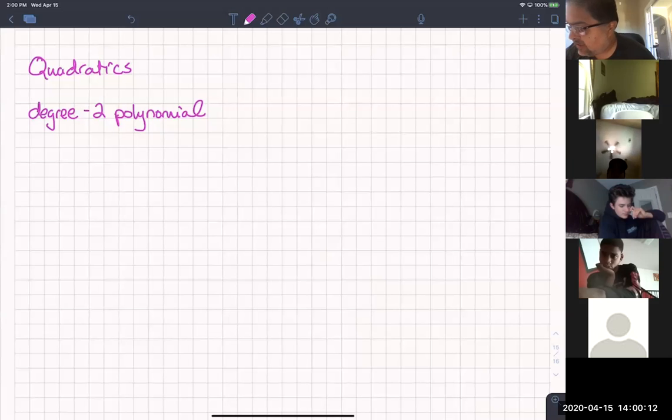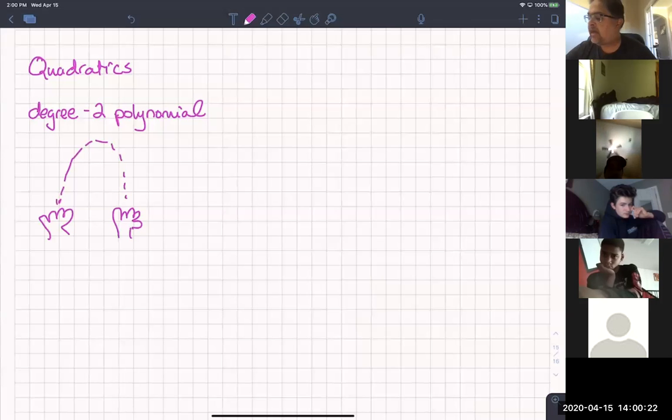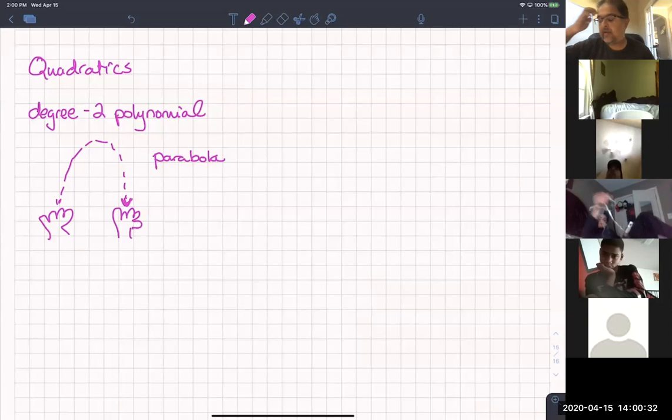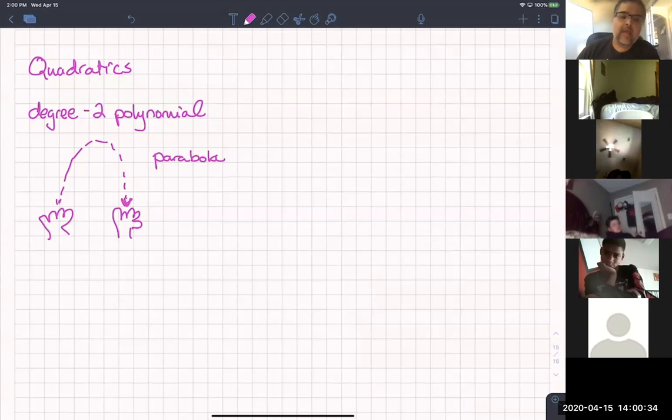So let's say this is, I know I can't draw, so don't laugh. It makes this path right here. And this is known as a parabola. Parabola. And the graph of any quadratic is a parabola.